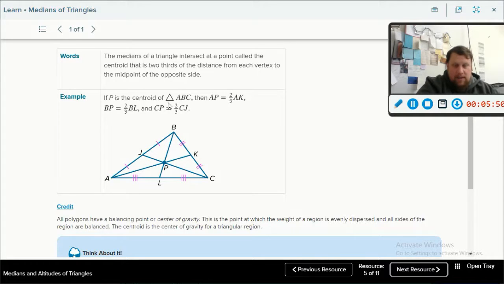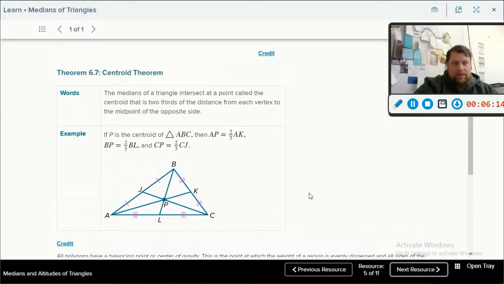So if P is the centroid of triangle ABC, then AP is equal to 2/3 of AK, and BP is equal to 2/3 of BL, and CP is equal to 2/3 of CJ every time. That is an awesome theorem. Take a minute, make sure you write down the centroid theorem in your notes. That's what we're going to be using a lot of today.